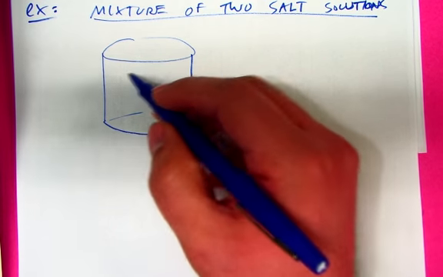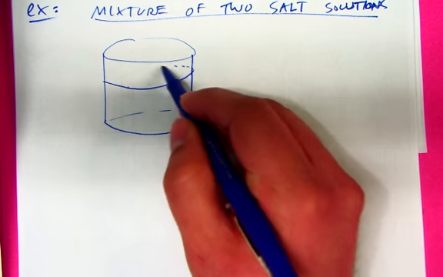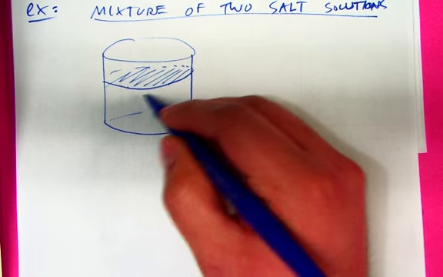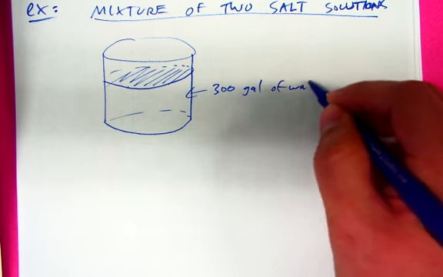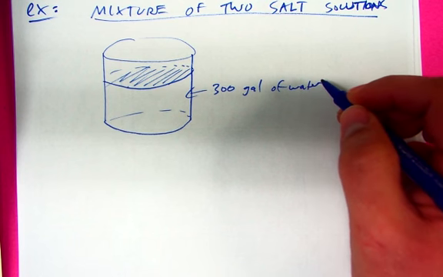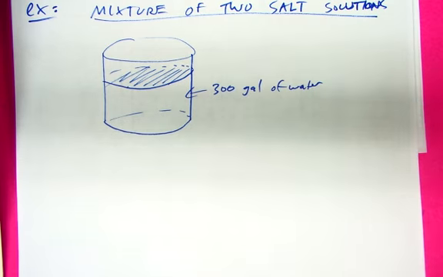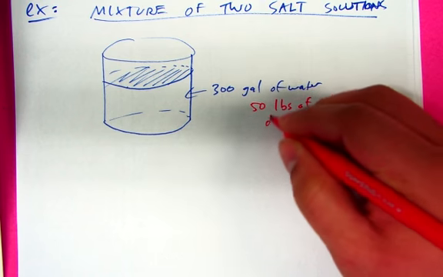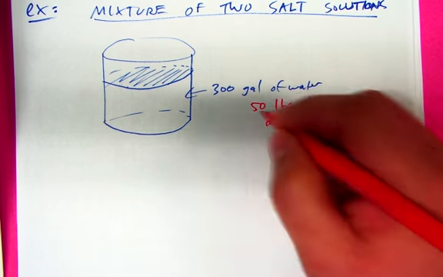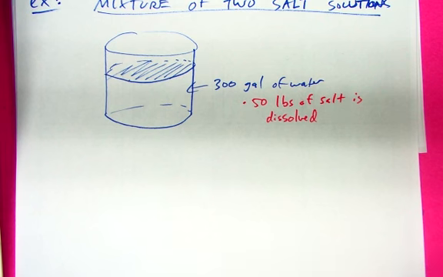Let's say initially there's 300 gallons of water in here, and 50 pounds of salt is dissolved in the tank. We're going to pretend that it can.